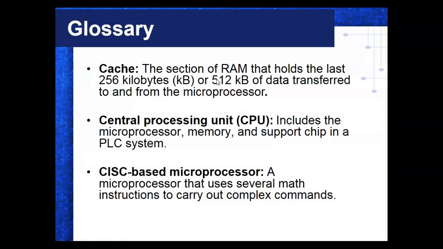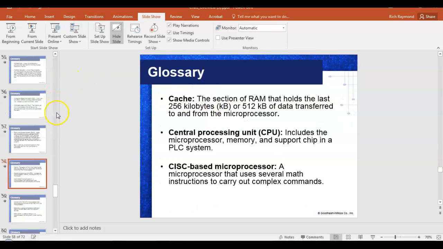Let's see. It's an acronym. Reduced instruction set. Originally, the processors were CISC processors, and excuse me for that, that's something I should know. I'm a published author on this stuff.